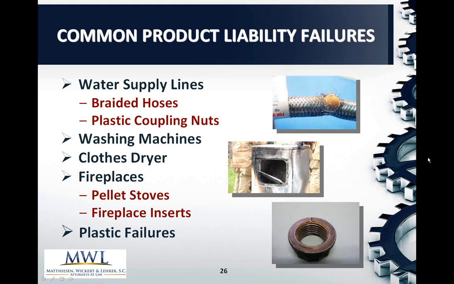And so when you have a plastic coupling nut that is screwed onto a toilet, a lot of times if it's leaking, the insured will simply give that another twist or take a wrench, even though you're really not supposed to, and tighten it down some more. Well, that just puts additional stress on this plastic, and over time, that plastic is going to fail.